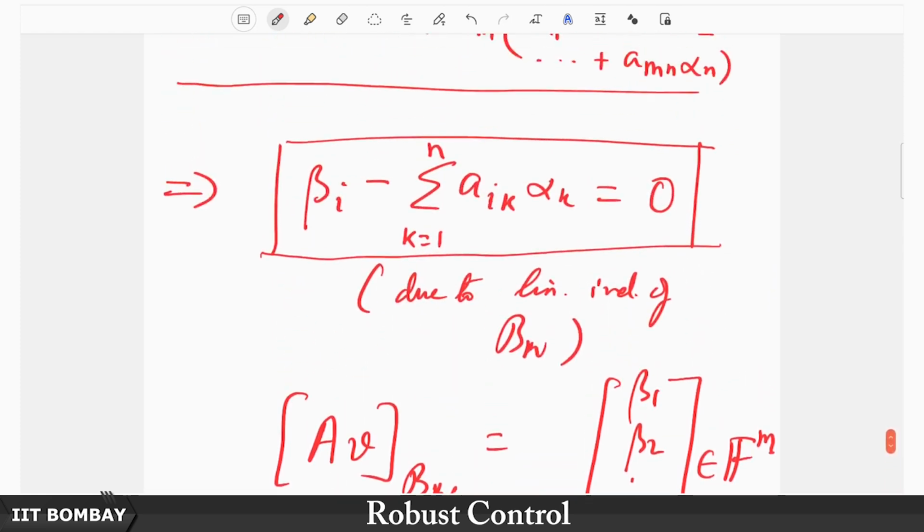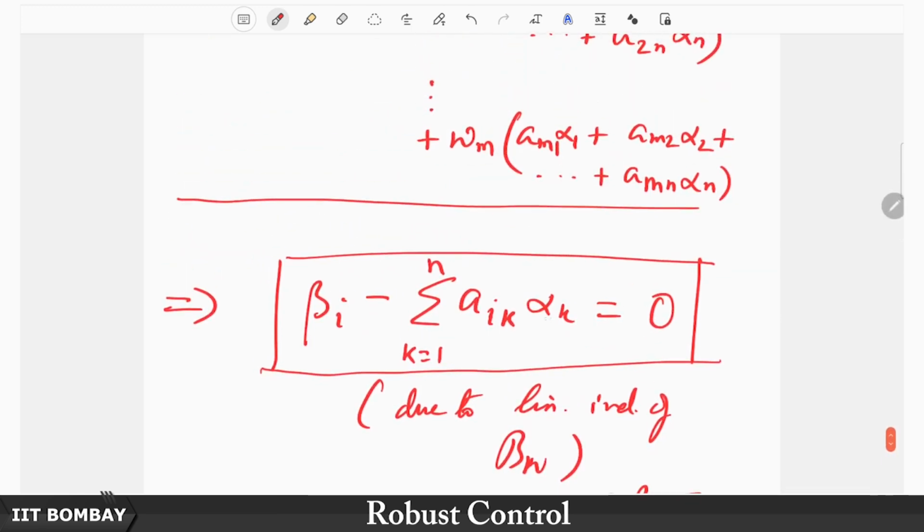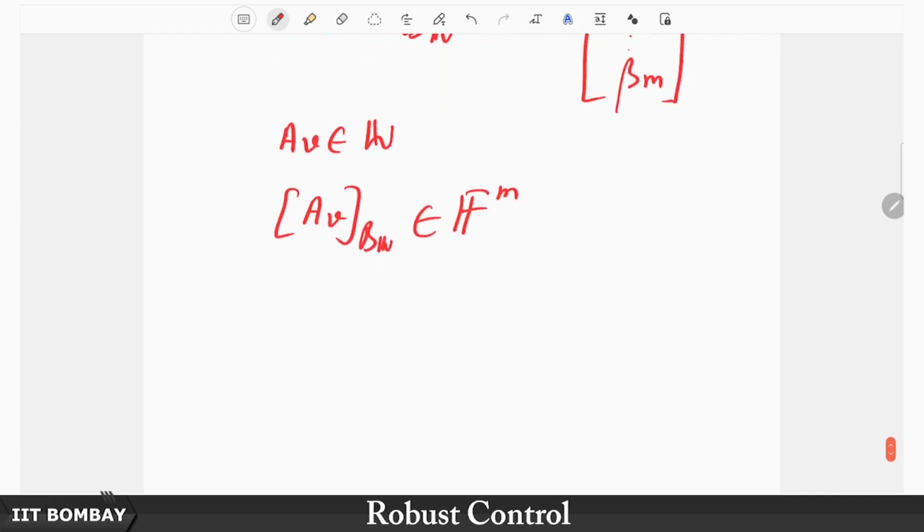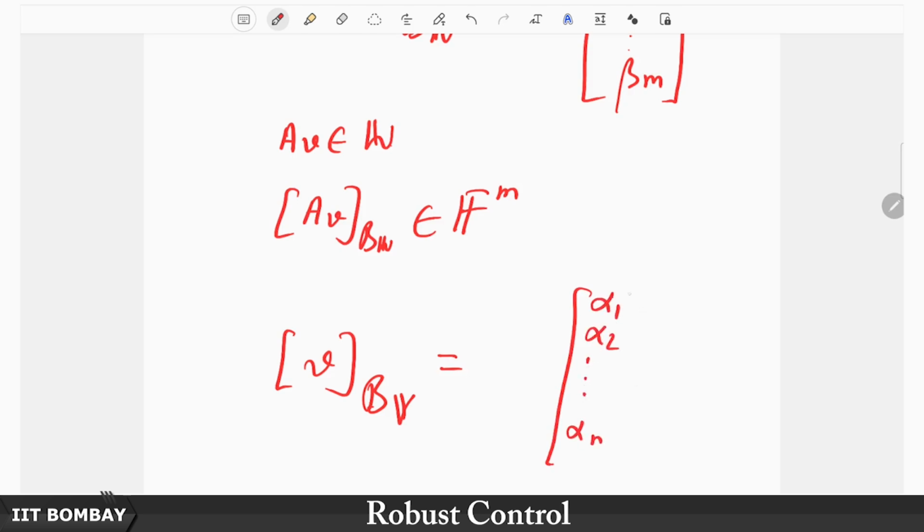On the other hand, what about the alphas? If I take V and I wanted to represent V in terms of the basis BV, then wouldn't I have also written it as alpha 1, alpha 2 dot dot dot until alpha n?